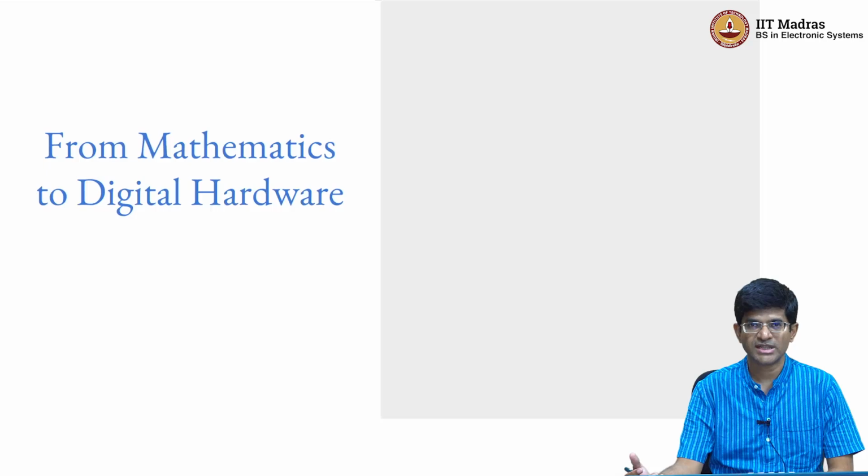So to start with, we are going to take a look at an example of a mathematical equation that might be something that we might want to solve in the context of a digital circuit design. And over here what we are going to do is to start from the mathematics and move forward to how we might implement something like this in digital hardware.